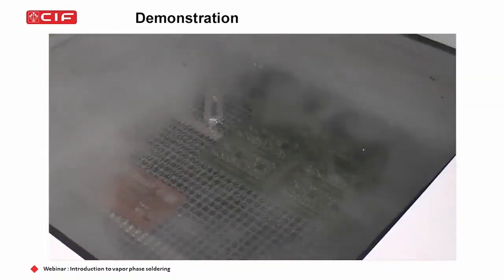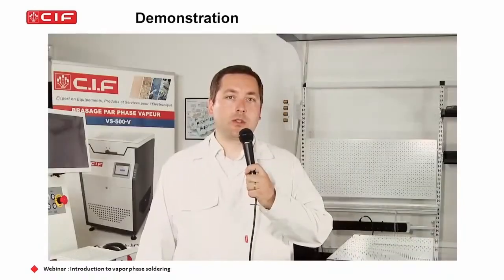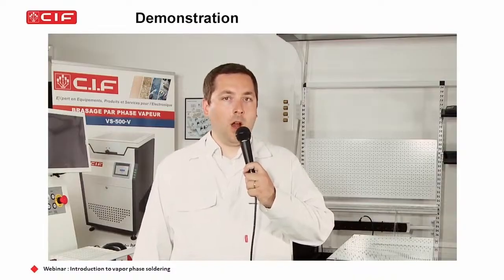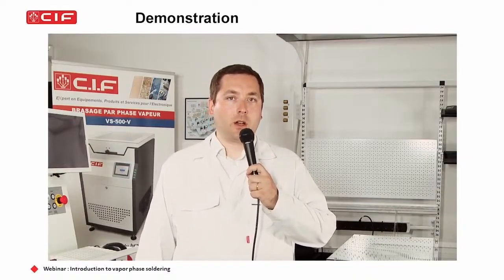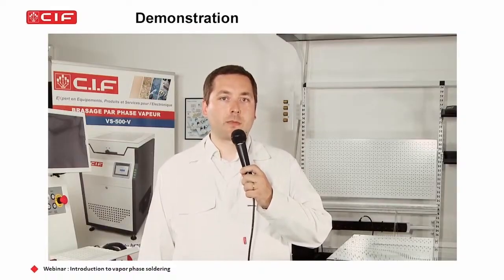Now the fans are activated. This helps the vapor to move around and get in contact with the cold panels on the side to condensate. Our full process is now done. We can open the lid and get our parts for inspections.